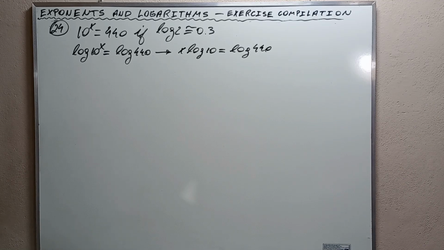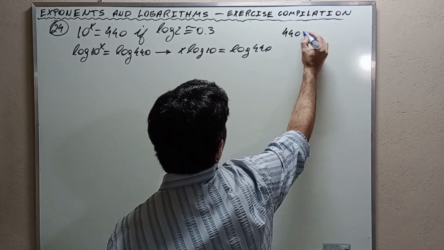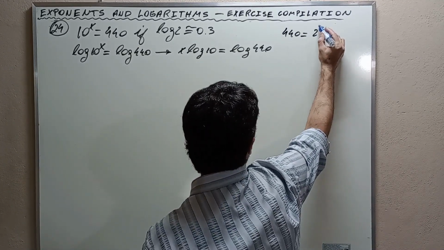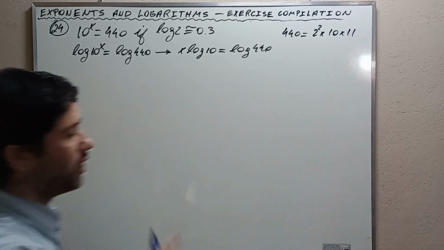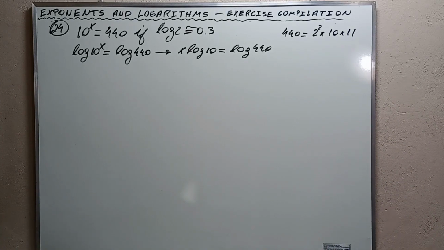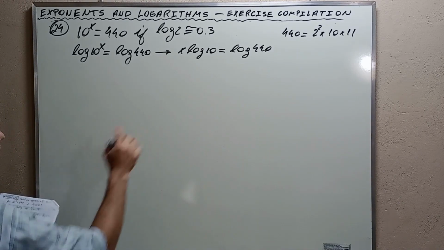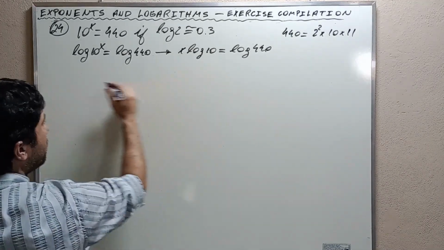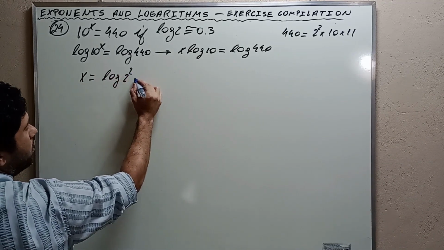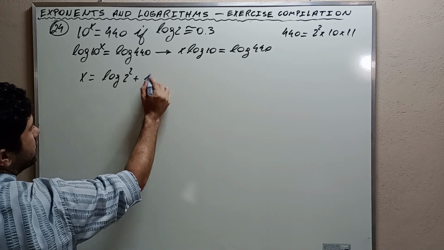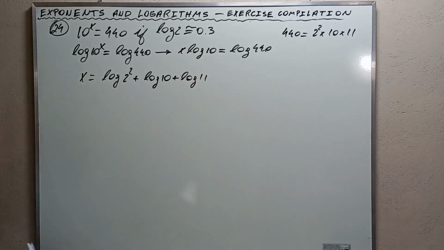And since 440 is equal to 2 squared times 10 times 11, okay, you can check it. We are going to have that the logarithm of 10 base 10 is 1. X is equal to the logarithm of 2 squared plus the logarithm of 10 plus the logarithm of 11. Okay?